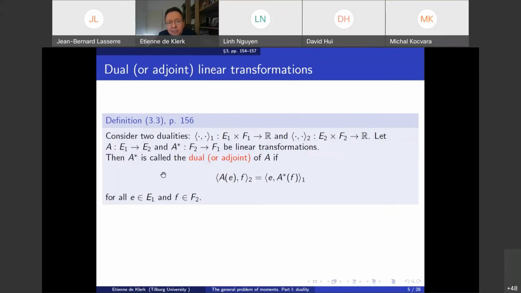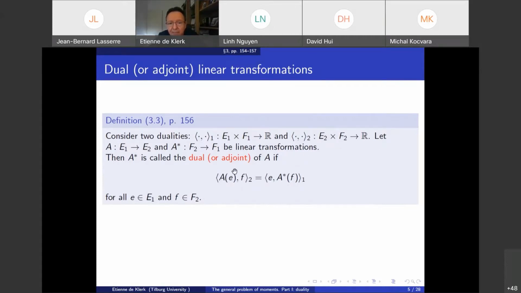Now, by definition, A star is called the dual or the adjoint operator of the linear operator A if this identity holds for all e from the vector space E1 and f from the vector space F2. Okay, let's just at least do a reality check here. This duality number 2 takes its arguments from E2 and F2 respectively. So Ae indeed is something in the vector space E2, and f is in this vector space F2.